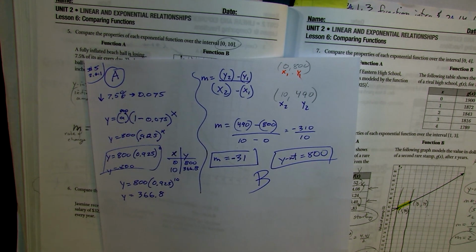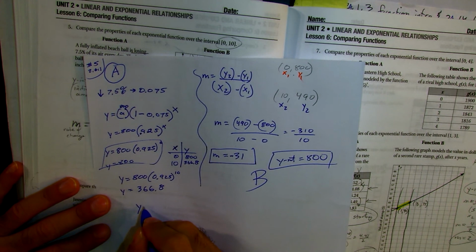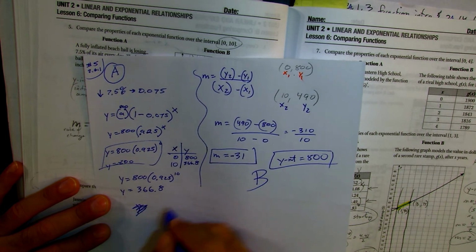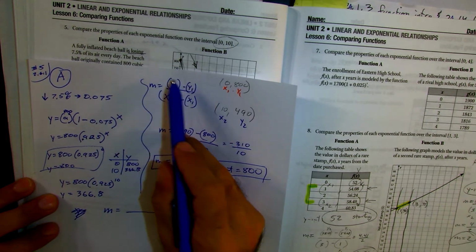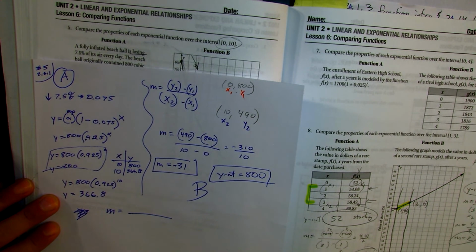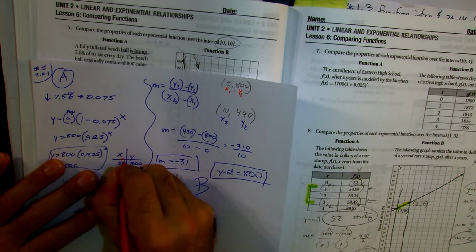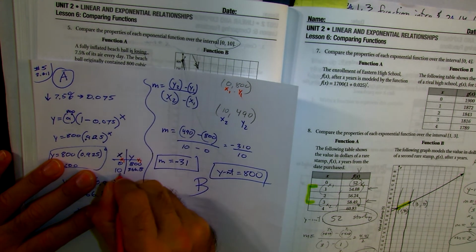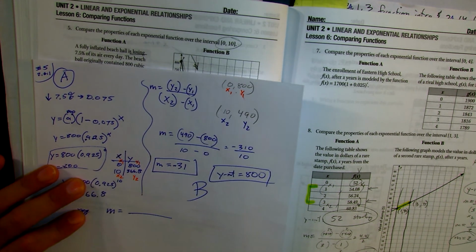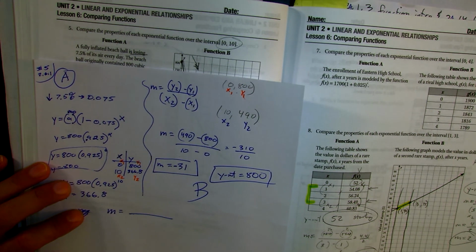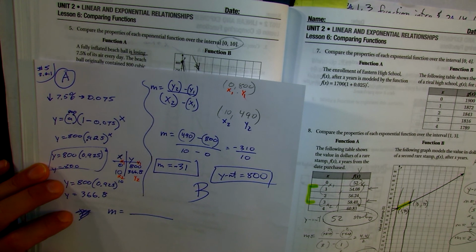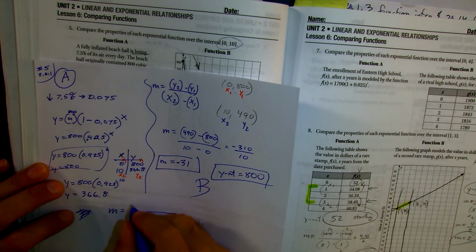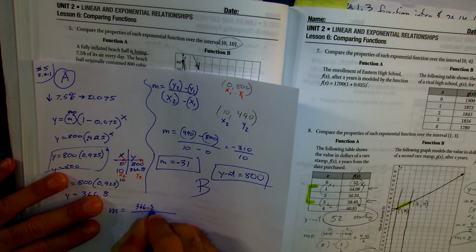All right. So now we go to find our slope. We're using this equation up here. We need to first go in and label it. Let's call this x1, y1, x2, y2. Y2, 366.8 minus y1, 800.